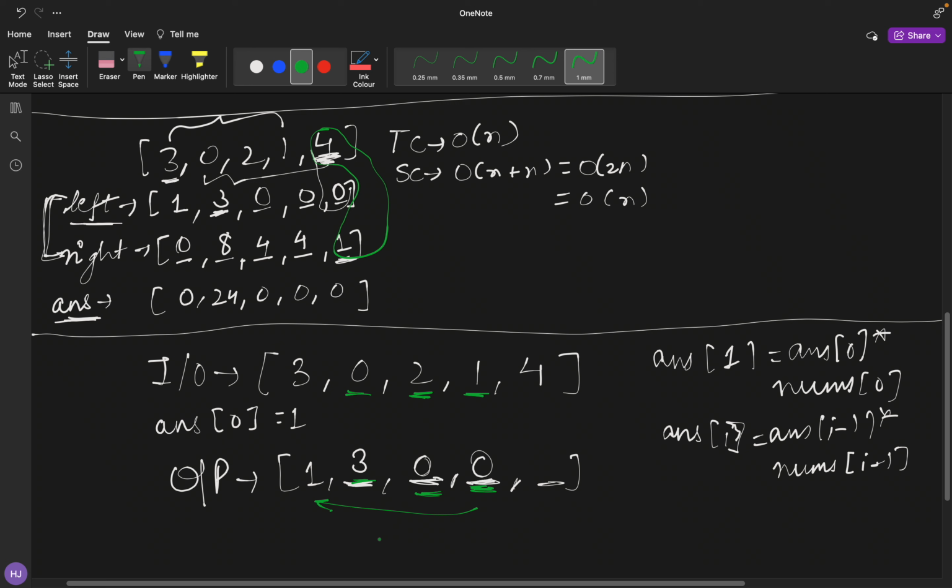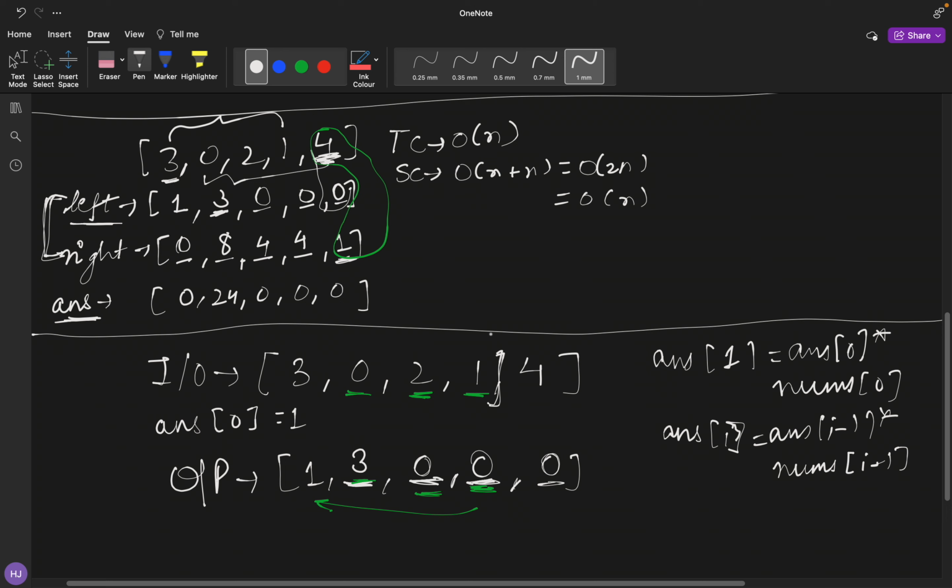And what this product actually holds for me is the product of all the elements behind it. So I'm using the previous products, storing it at one place and then using it in the next part, right? So in this way I've got all the products of elements till this point, right? And now I will store this product in my fourth index.